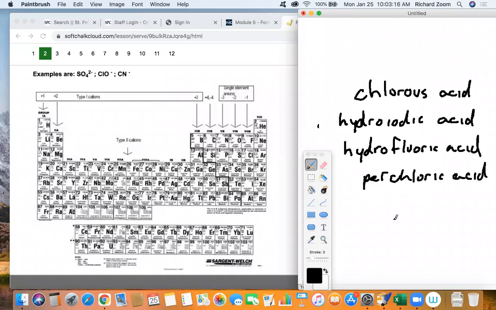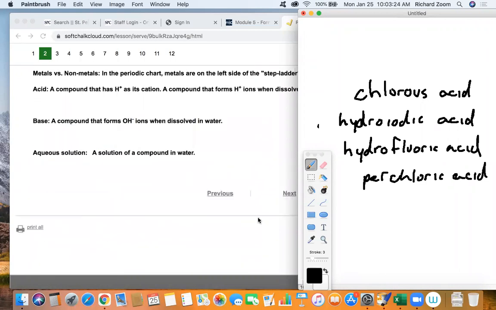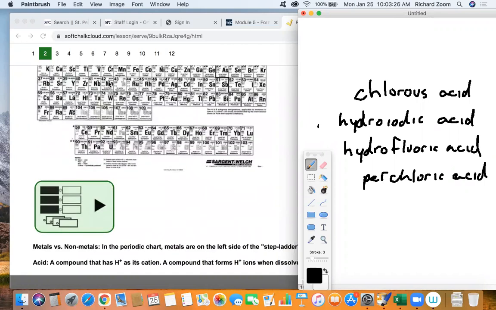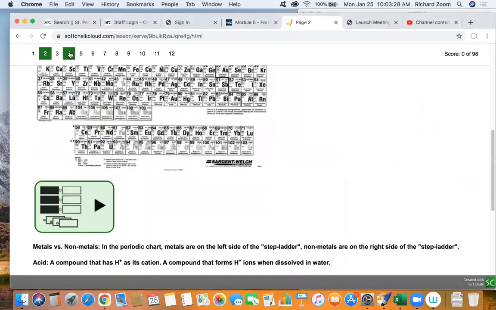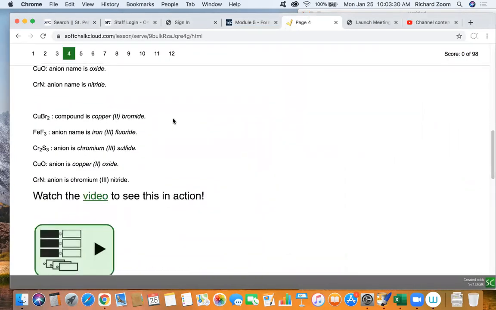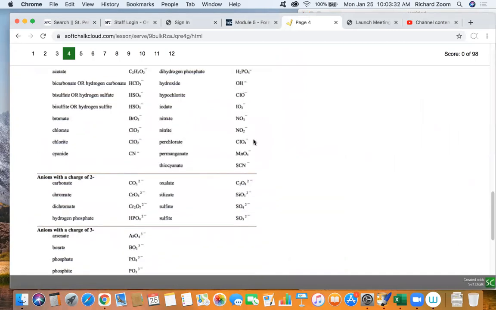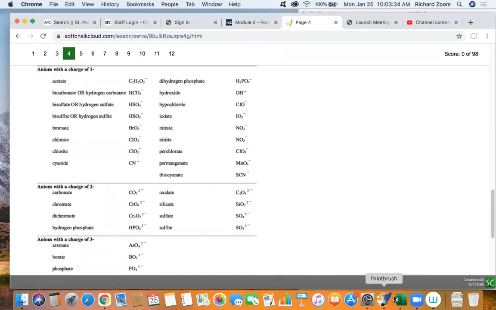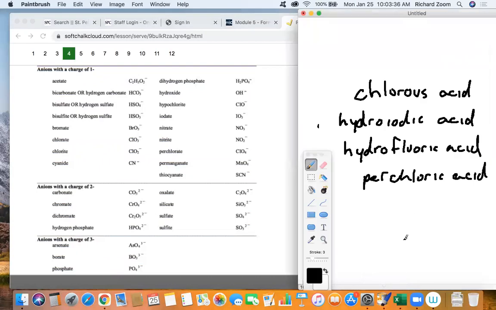So these are all acids, which means we know it's H plus. Let's look at chlorous first. What we need here is the polyatomic ion sheet. Chlorous comes from chlorite, a polyatomic ion.